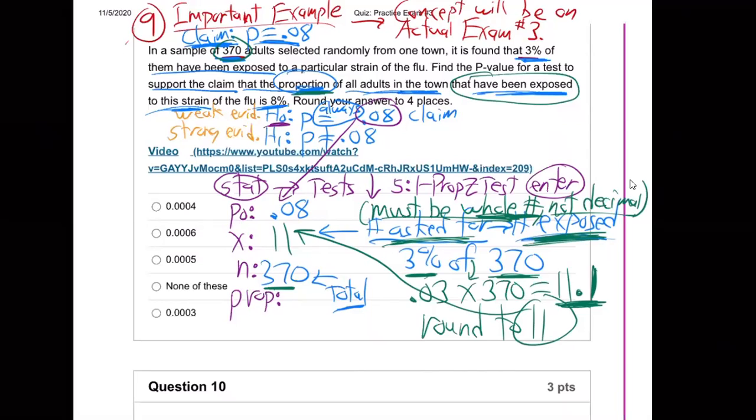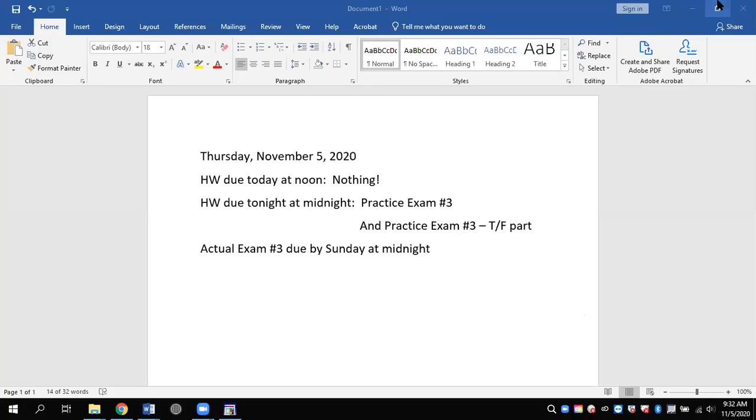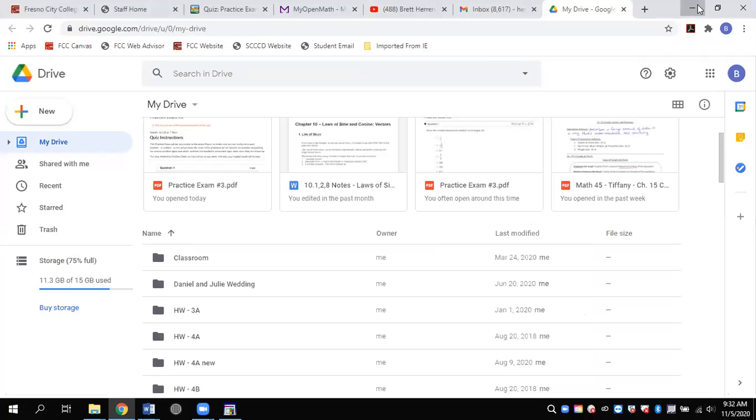Mr. Heron, I have a question. In the calculator on the X section, can we just put 0.03 times 370 in there? Or do we have to put 11? You can at first, but then you have to correct it. Let me show you exactly what I mean so there's no confusion. That's a great question. Because that's what we did on the other one, huh? I remember you saying that at the time, and that was great at the time.